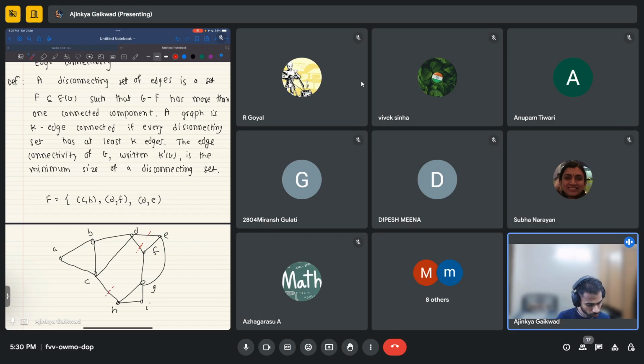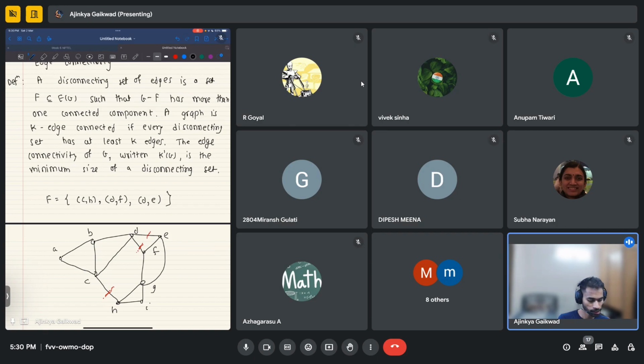Clearly, this is a disconnecting set of edges, because if I delete these three edges, I get two connected components. One contains A, B, C, and D, and the other one contains E, F, G, H, and I. So F is a disconnecting set of edges. This is also called an edge cut.